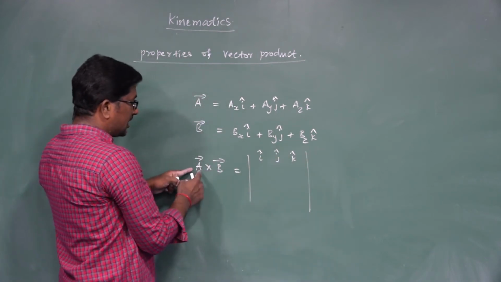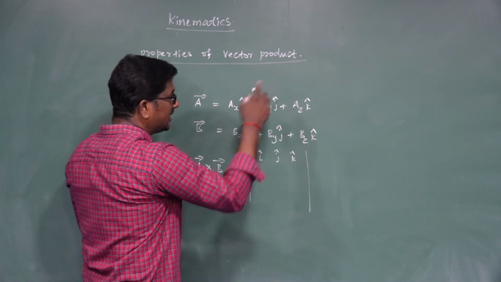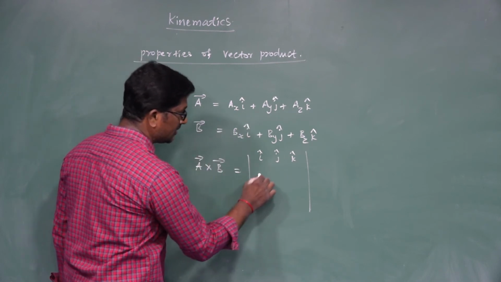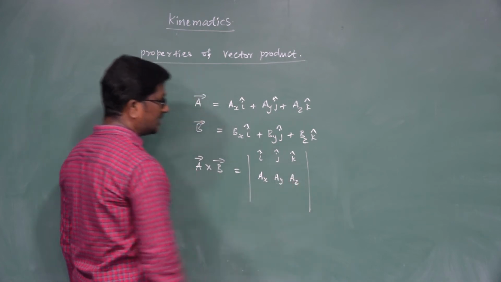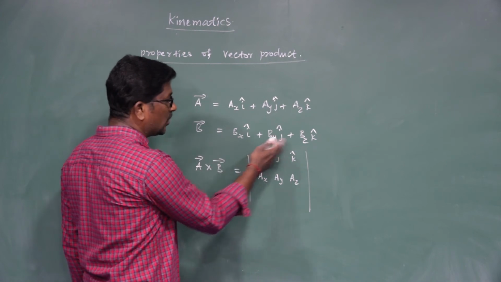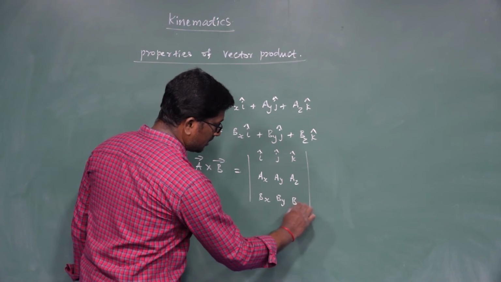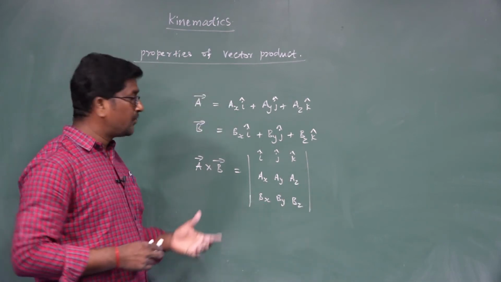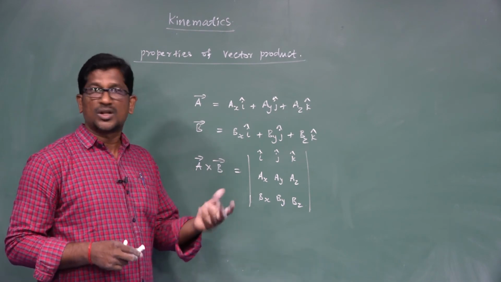Next, the scalar components of A vector are Ax, Ay and Az. Next, the scalar components of B vector are Bx, By and Bz. Right. So this is the component form of the cross product or vector product of two vectors.